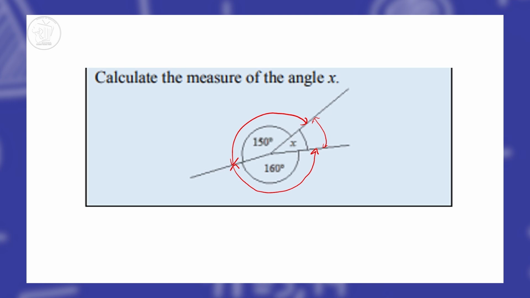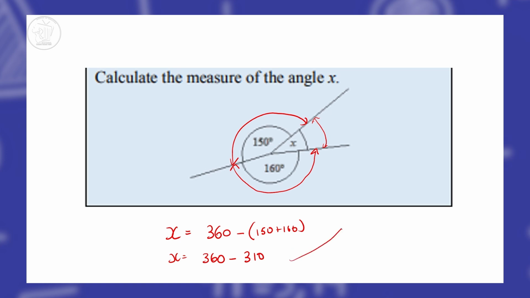So to find this answer, we can say angle X is equal to 360 degrees, subtract, and we just add up these two angles that we have here, which would be 150 plus 160. So we can say angle X is equal to 360 minus, 150 plus 160 would give us 310.